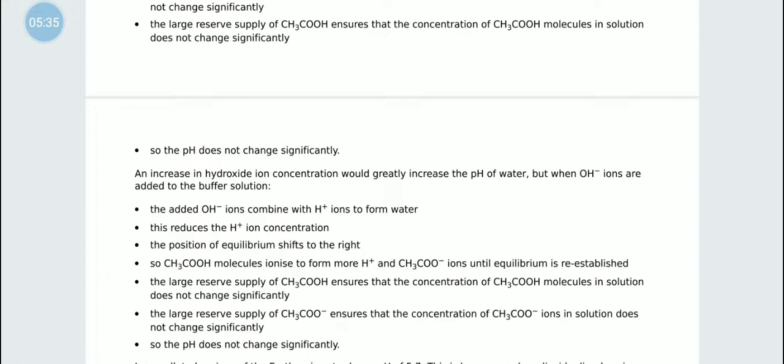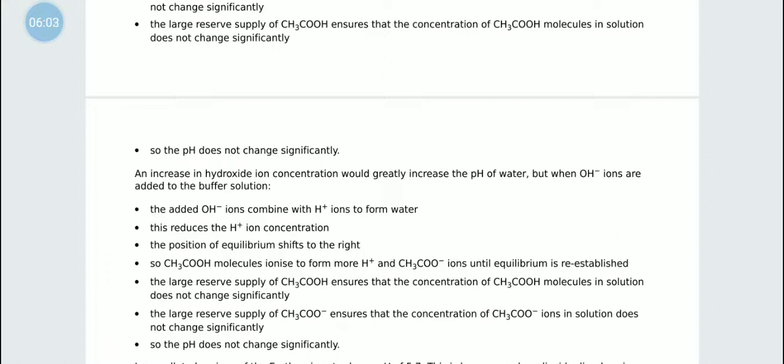When you add hydroxide ions, the pH would normally increase. But if you add them to a buffer solution, the H plus ions in the solution join with OH minus ions to form water. That reduces the H plus ion concentration and the equilibrium shifts to the right.